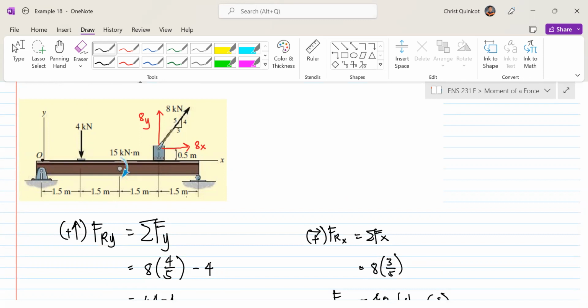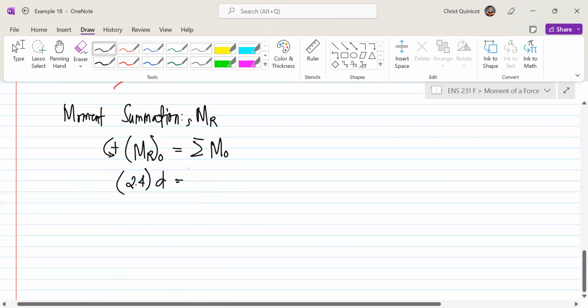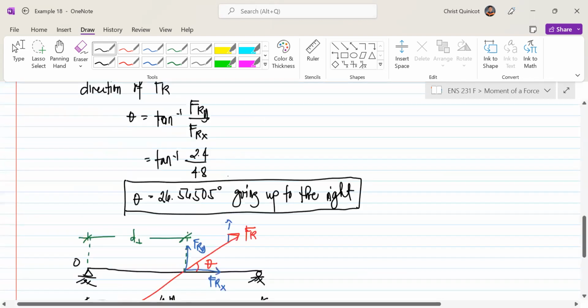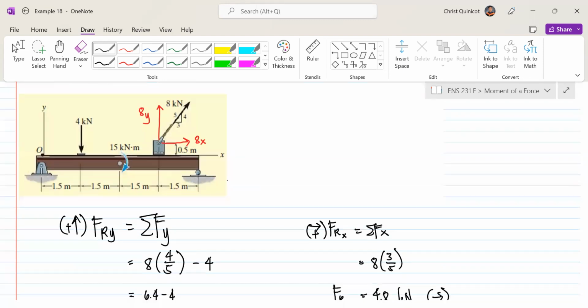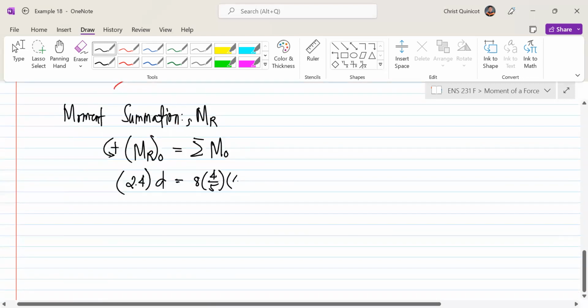So we will start with 8y. That's 8 times 4/5 times its perpendicular distance, which is 4.5.